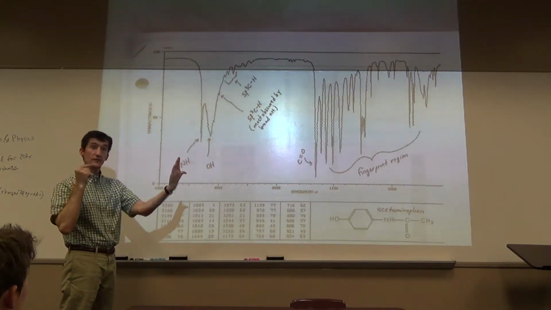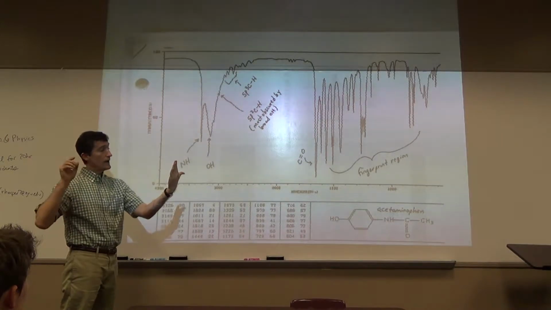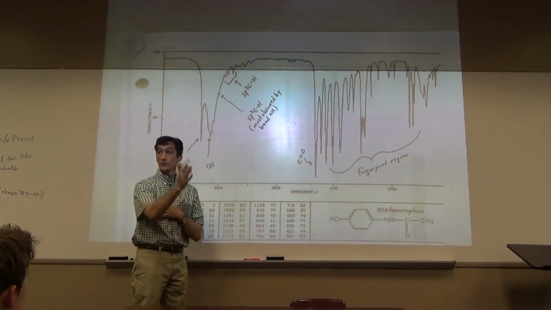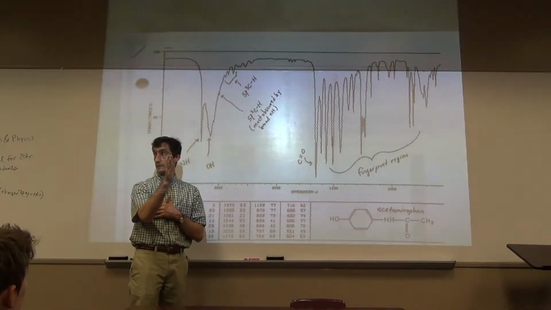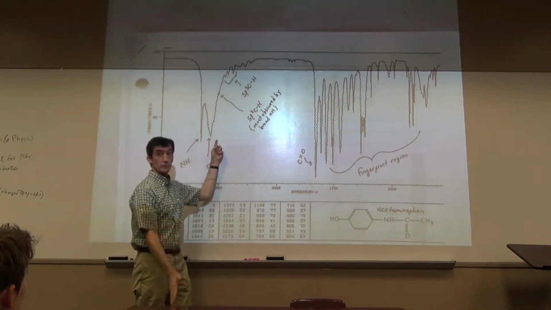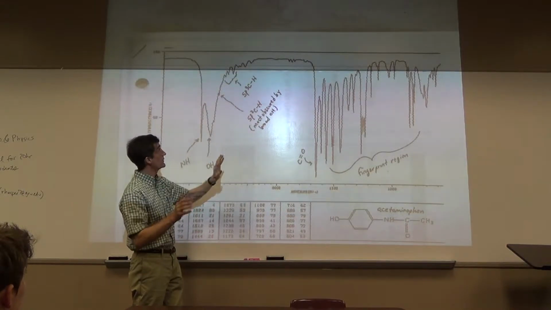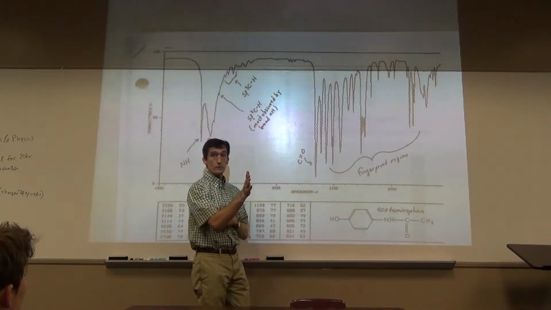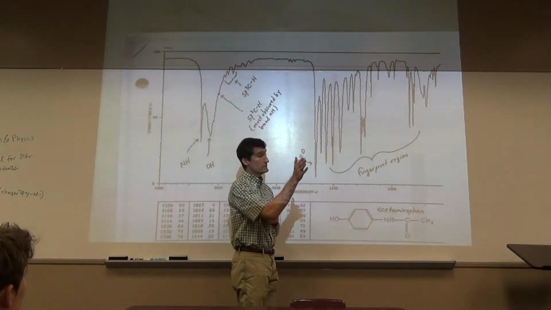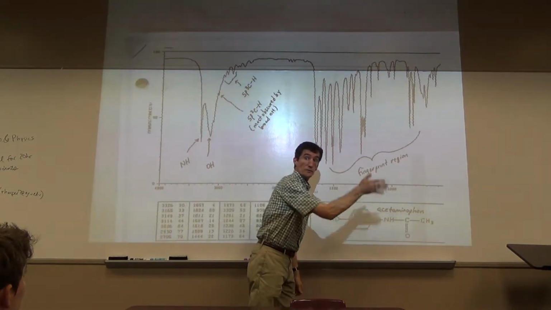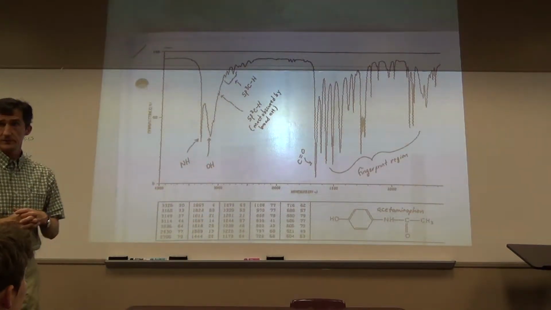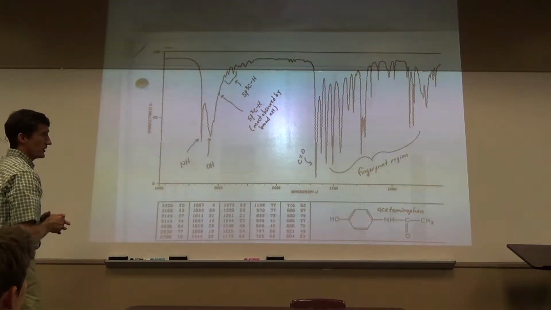As the frequency you're shining changes, all of a sudden the compound absorbs that frequency, and then it absorbs a little bit more and broader. Then it doesn't absorb much, and then all of a sudden it absorbs all these frequencies. So that's essentially the frequencies of absorption that take place in the IR region.